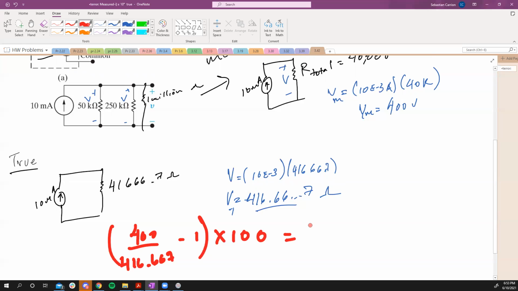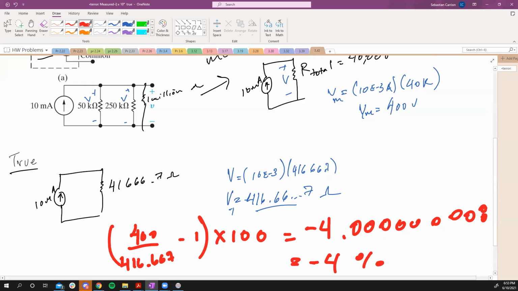Times 1,000 per 100. That would be negative 4.000000000, then 68 and then 8. But we can just round this off to negative 4%. And that would be our answer.